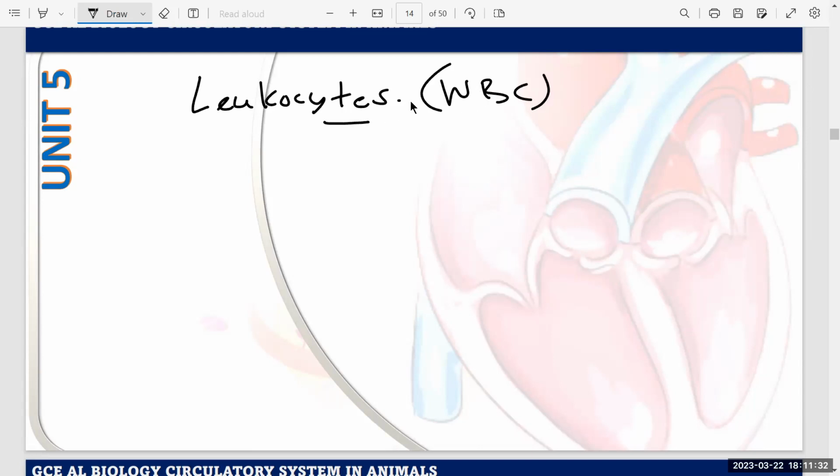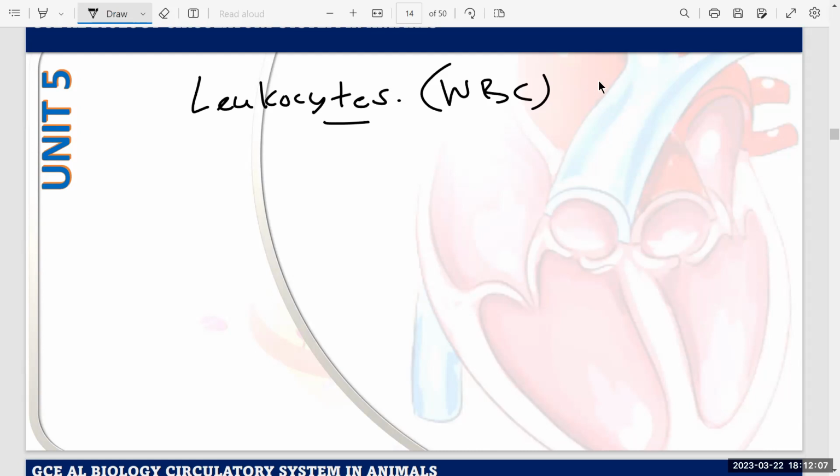Now we have a complete lesson coming up called immunity. When we're considering immunity, the main component of the immune system is the leukocytes, white blood cells. So they represent our main immune component.